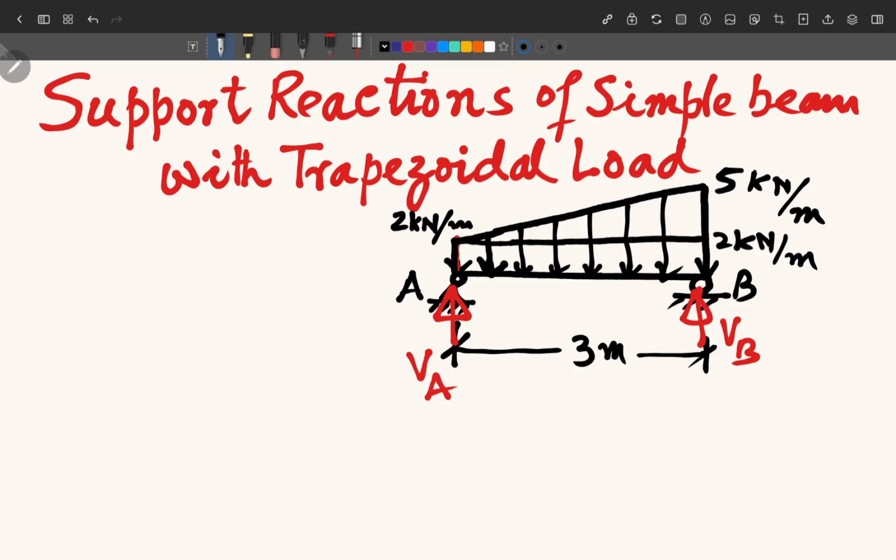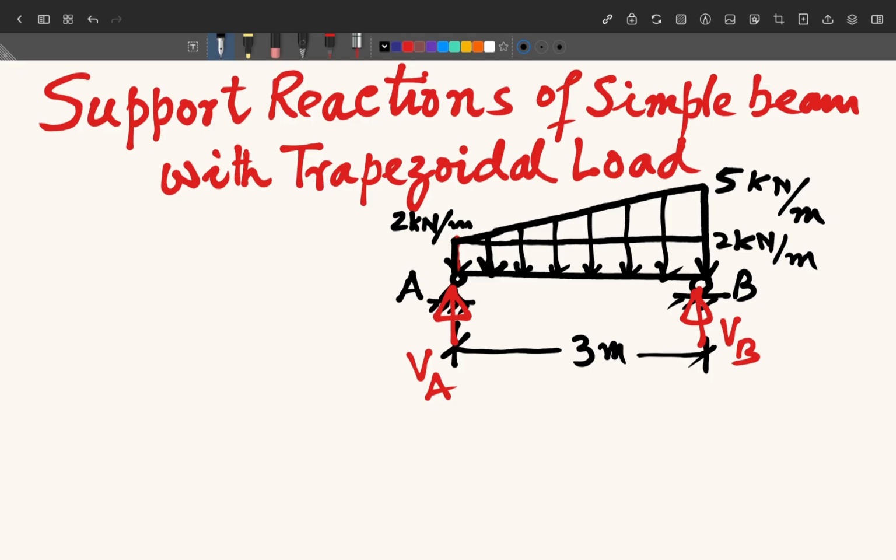So we can say that this load is now divided into two parts: one uniformly distributed load and the other one triangular load. You have already solved some problems in the previous lectures on how to calculate the reactions when there is uniform load or triangular load. So this is just the question where we will apply the principle of superposition, and we will take these two loads one by one.